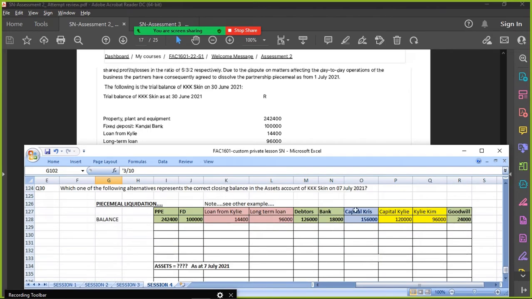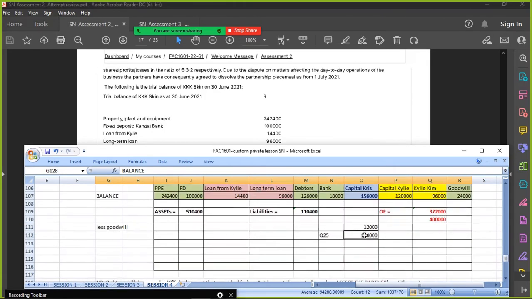Chris gets 5, 3 and 2, because we're going to need that in case we allocate something to them. So we have balances here. They liquidated on the 1st of July. That's the current situation.